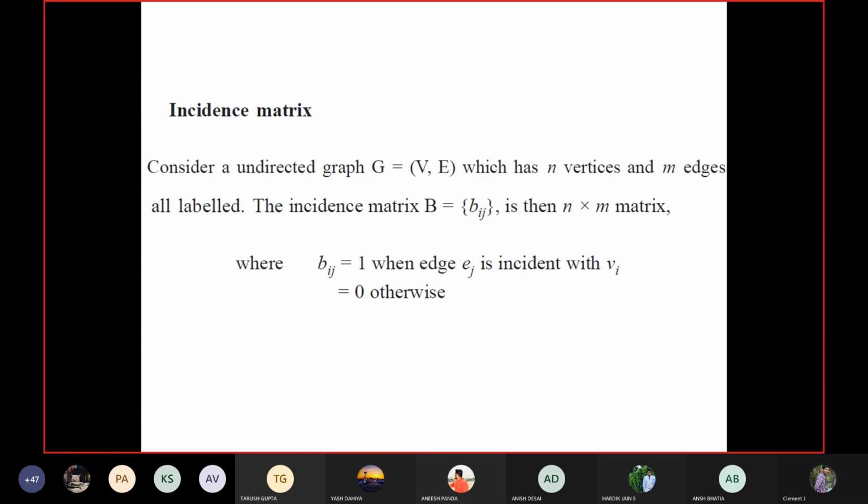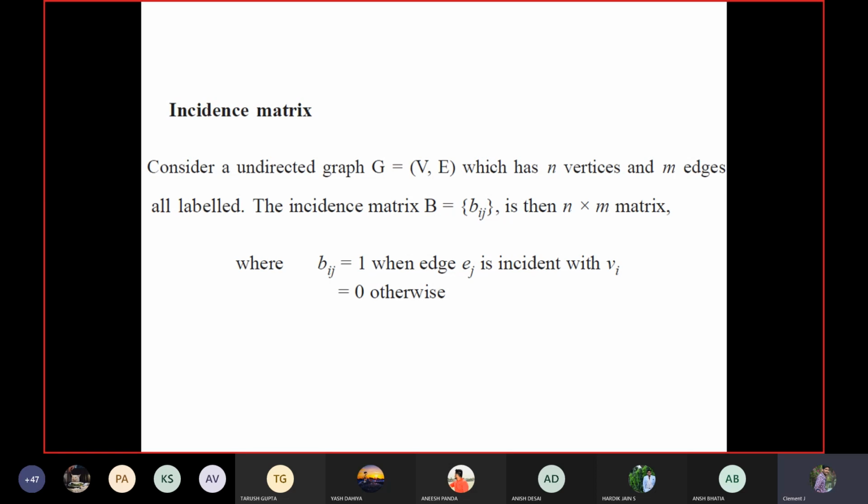Next one, the incidence matrix. The output will be a matrix as before, but here you apply different logic between the adjacency matrix and the incidence matrix. Always remember: adjacency means the relation between vertices, while incidence means how many edges are incident with a vertex. With a vertex, how many edges are incident means what is the definition?